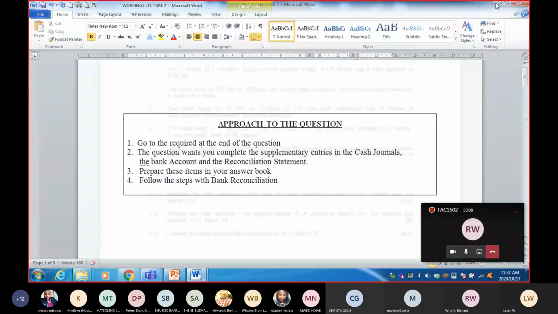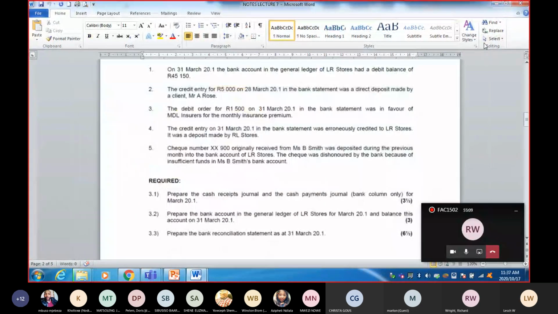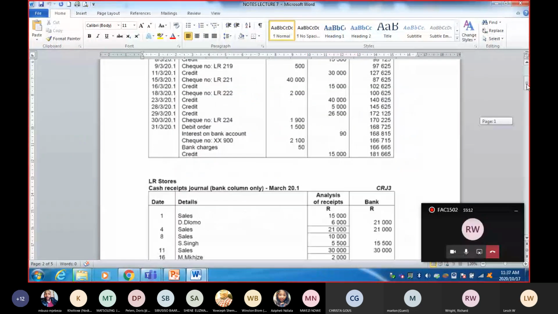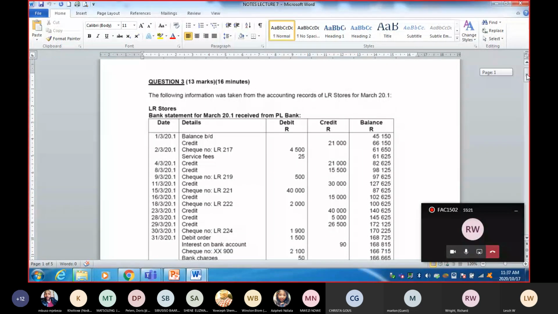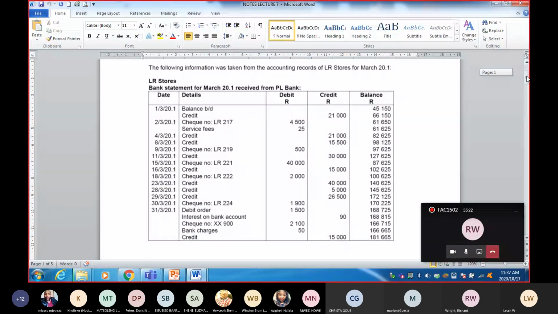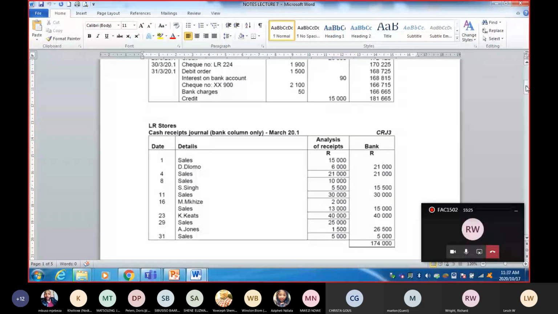Back to our question. Follow the steps with the bank reconciliation statement. We are comparing our cash receipts journal with the credit side of your bank statement. So you are ticking in your cash receipts journal.